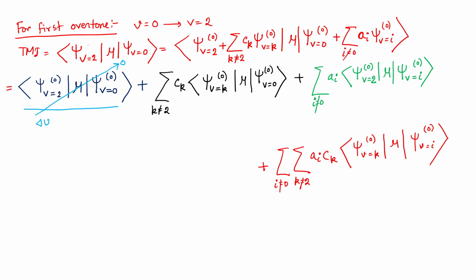Because delta v is 2 in this case, plus 2, that's why this is going to be 0. So it doesn't have any contribution. Earlier, in the case of delta v equals plus 1, that's why it had a significant value. What about this?